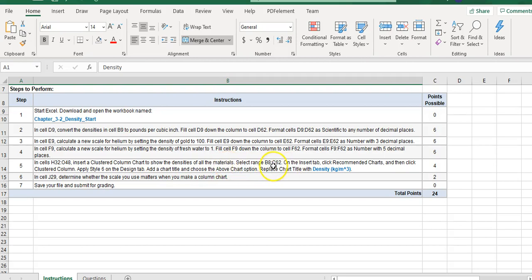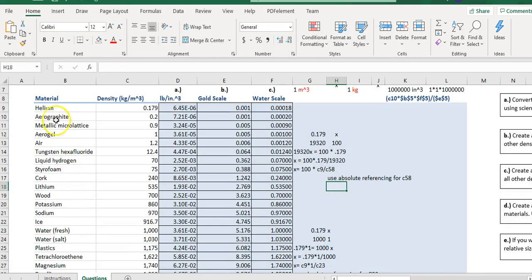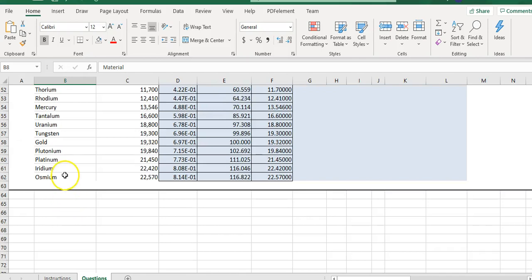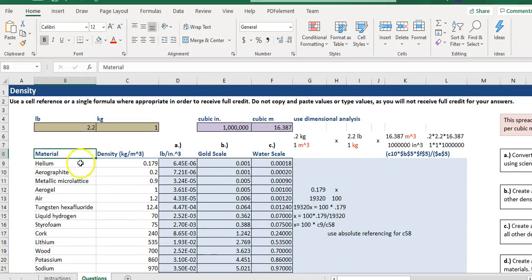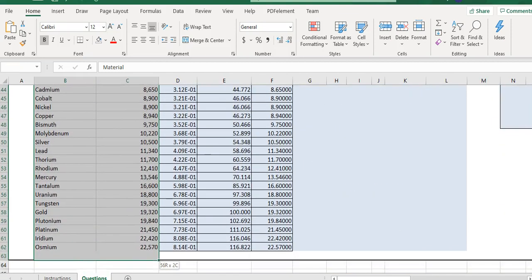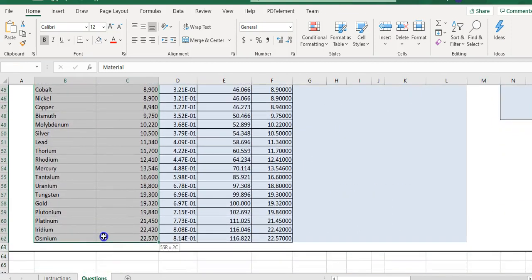Select B8 through C62, okay? So B8 is right here, right? Starting with material, B8 through C62, so we want to start here and select all the way down to C62.